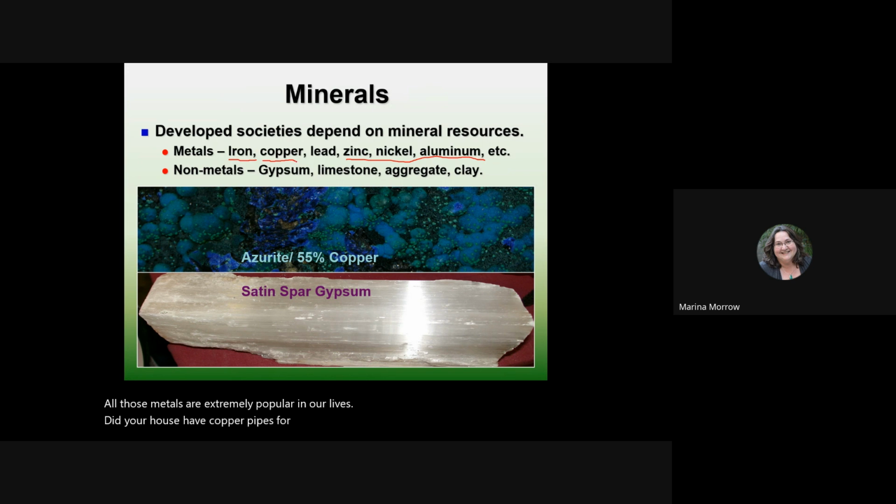Is there copper wiring in your house that carries the electricity? Quite likely there is. Now, lead, we've tried to get out of our lives because lead can be dangerous, but it's an extremely useful material and it's still around. So, you've probably heard about the lead pipes that are causing trouble as we have aging infrastructure and old lead pipes and old lead joints of pipes. So anyway, all of this stuff can really affect your lives.